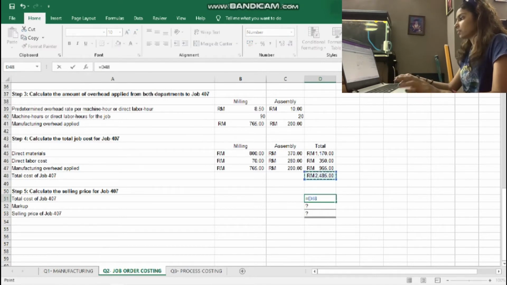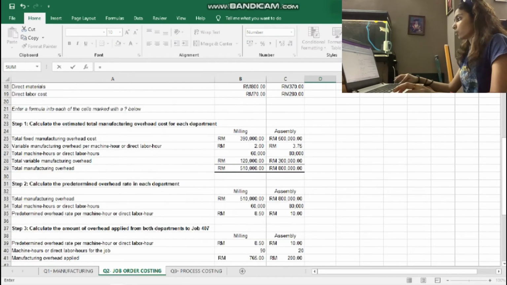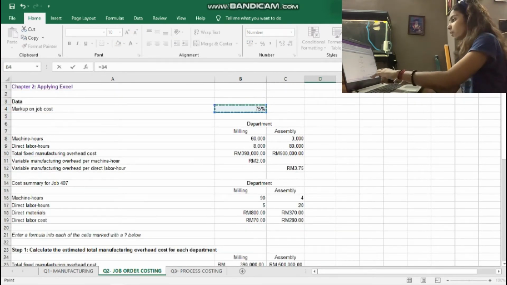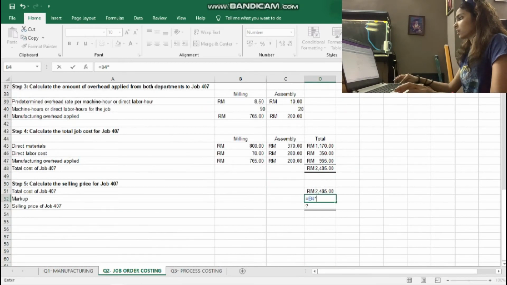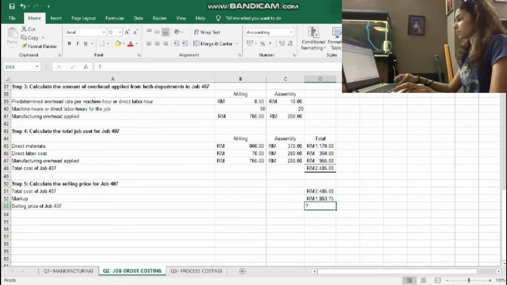So just take the amount, and then for markup, we have to go up here. You see, they gave 75%. We have to times with total cost of job 407. So we'll get RM 1,863 ringgit and 75 cents.